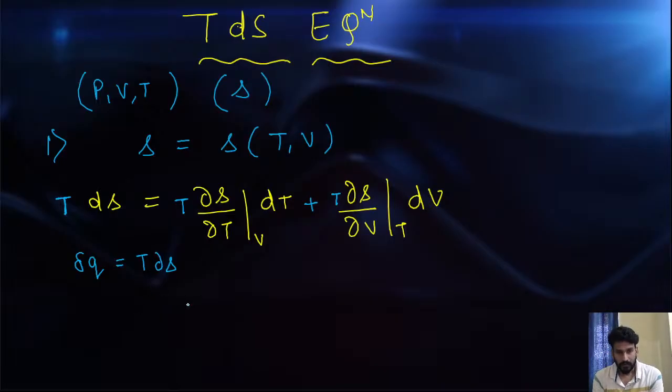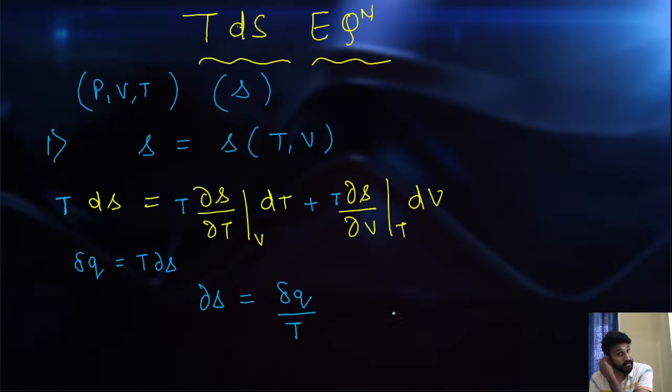Okay, so del S is equal to del Q over T. If we are doing this at constant volume, there is no work done.